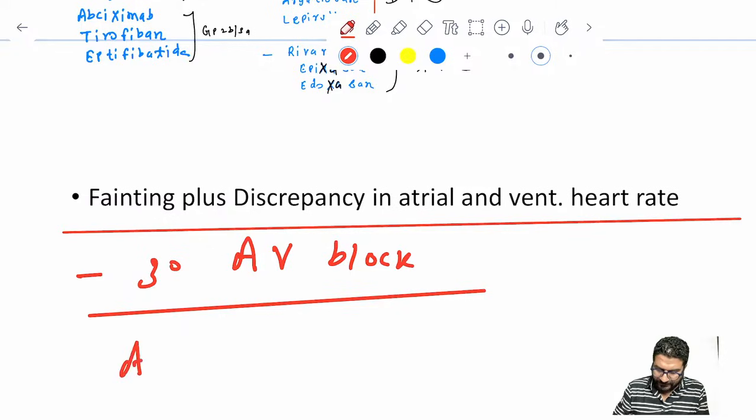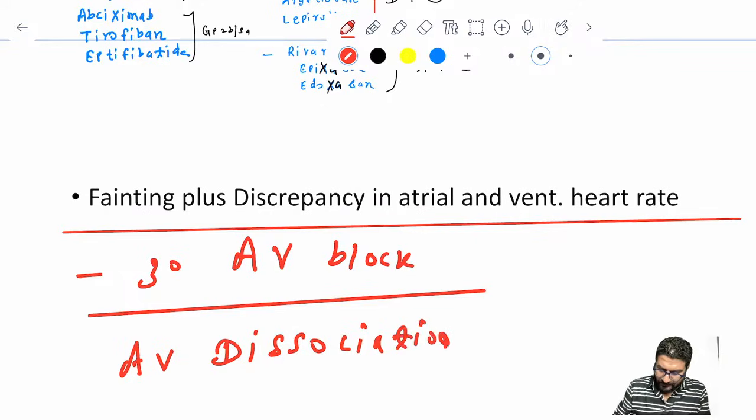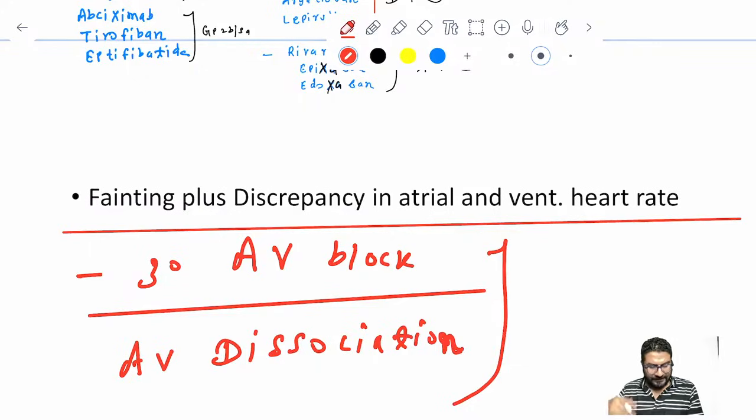There is AV dissociation, meaning atria will move at their own pace and ventricles at their own pace. Am I clear? When do we give tranexamic acid? When there is bleeding, to stop bleeding and form a clot. Shubham, clear?